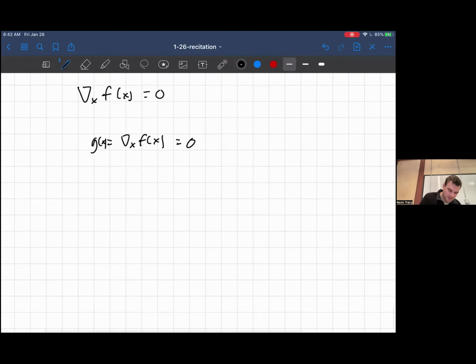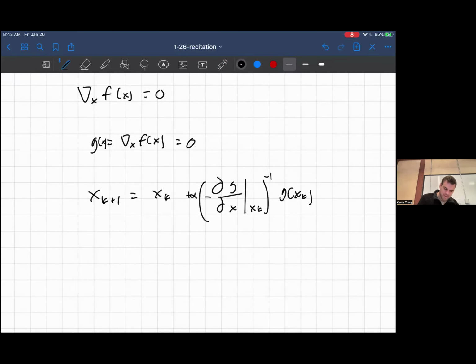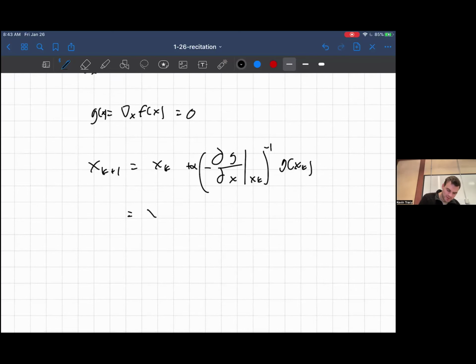Now I just say x_{k+1} equals x_k plus g evaluated at x_k. And then what I said earlier about the derivatives is that the Jacobian of the gradient is actually the Hessian.